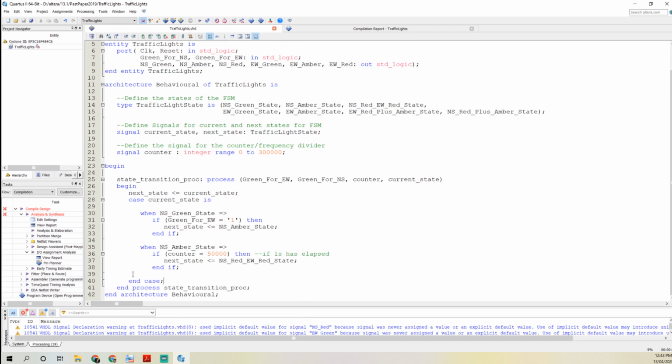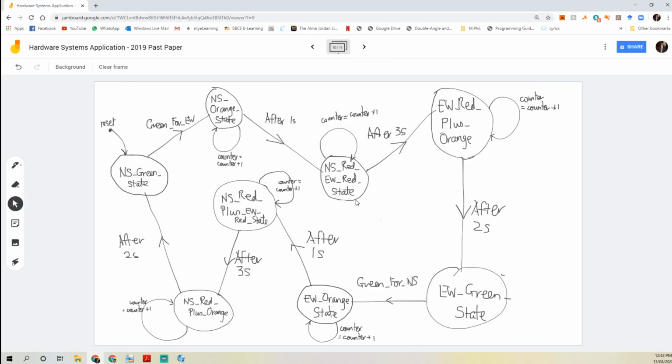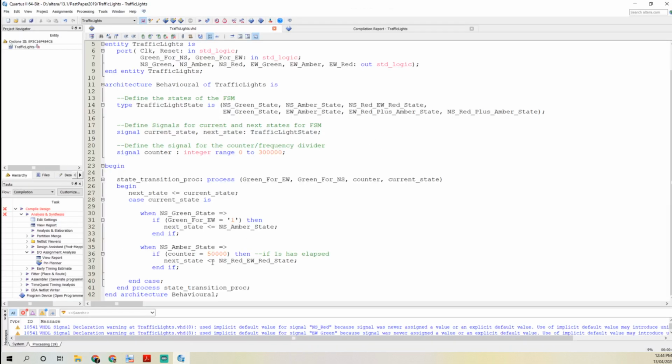All right, so going back to the state machine now. From the north-south amber state, after 1 second has passed, we know that I'm going to go into the north-south red, east-west red state. What is the condition for me to transition from the next state, east-west plus orange? Right? So when I'm in this state, I need to look at when 3 seconds has elapsed. Okay?